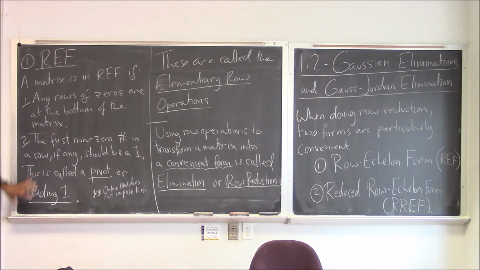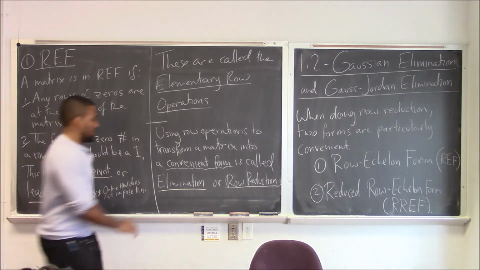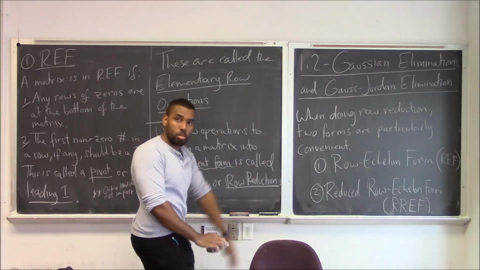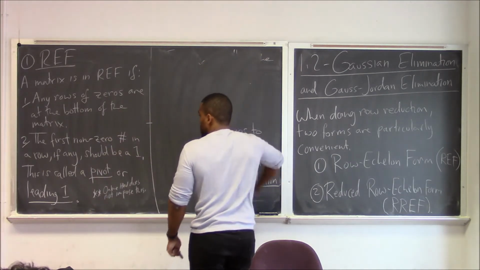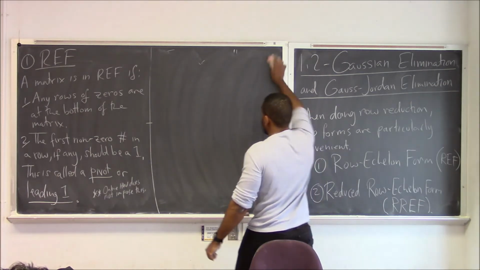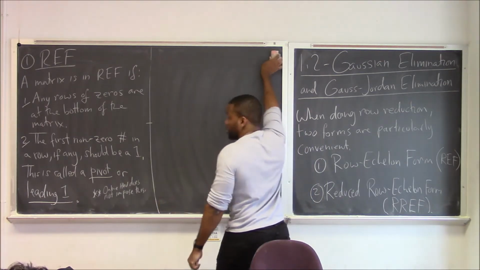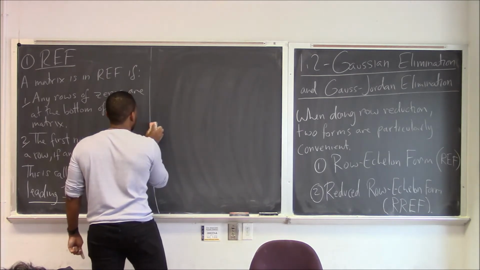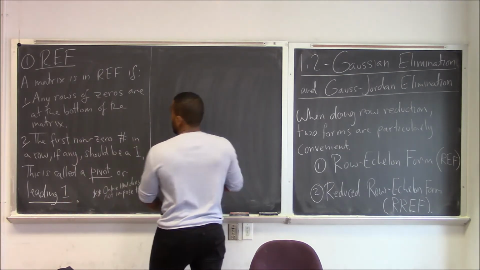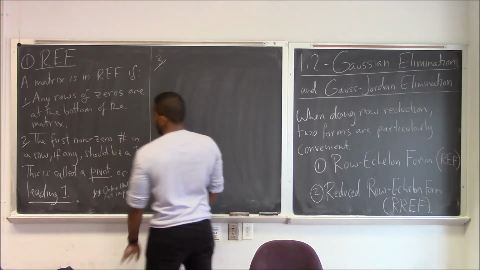But for us, it is a criterion. It's a very standard thing to do. Make sure that the first non-zero number in a row is 1. So if you have any rows of zeros, move them all to the bottom. Any row that has a non-zero number, the first one you encounter in that row when reading from left to right should be a 1. We call this a pivot or a leading 1. Three.